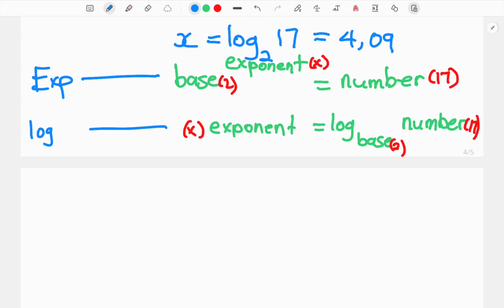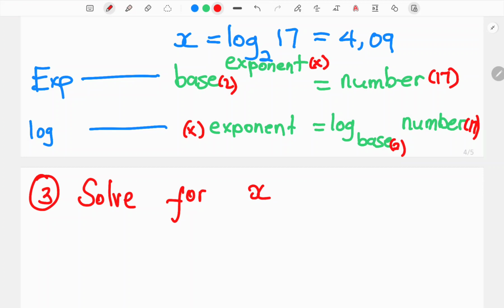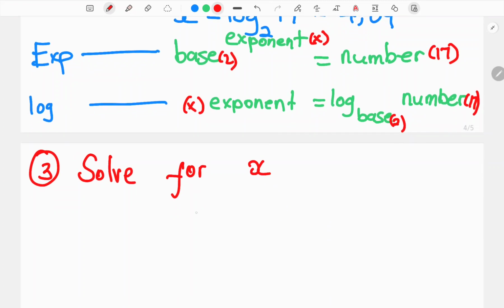So let's go on and do another example and see how best we can solve this. Let's say number 3. Solve for x, and you have log base x of 4 is equal to 2.